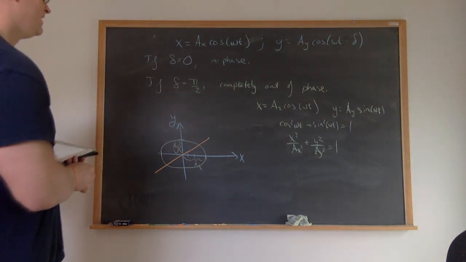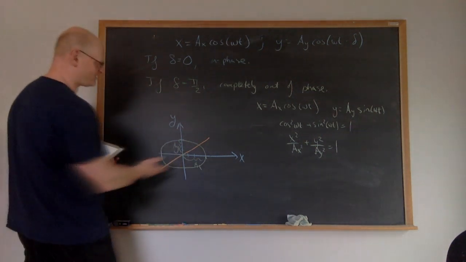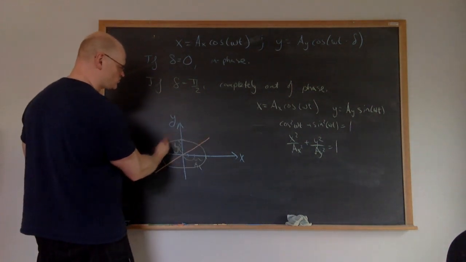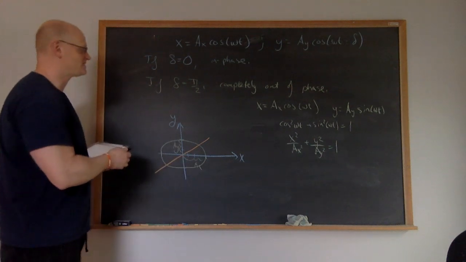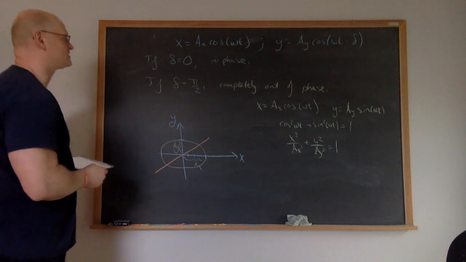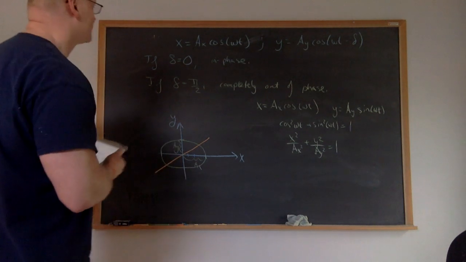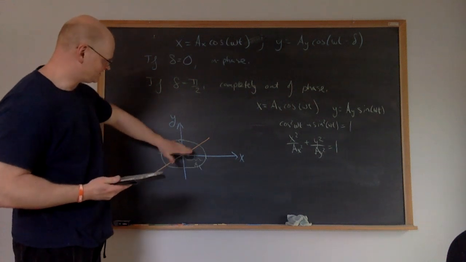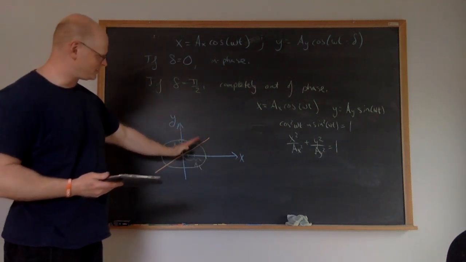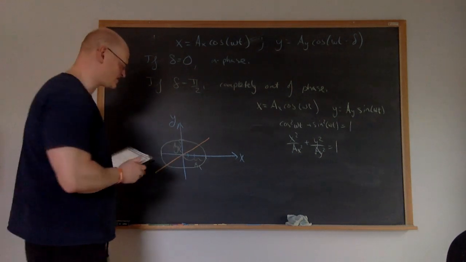Now, anything in between is going to have to go from somewhere from a straight line to somewhere this way, which basically means that this thing has to rotate into here. So if I have any other relative phase difference between the two of them, it's still going to be an ellipse, but it's going to be a rotated, tilted ellipse, and it's going to start to rotate into this direction.